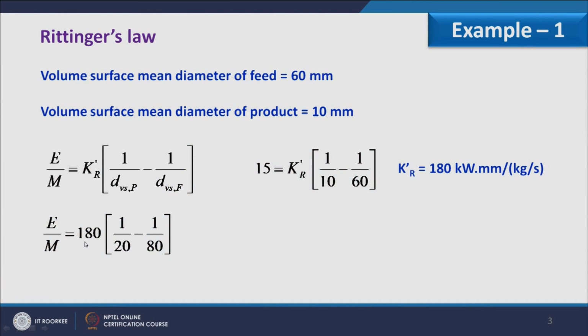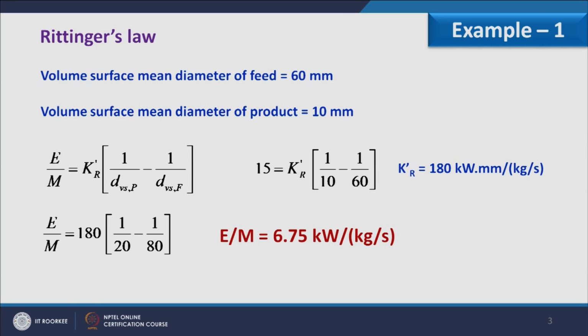So, considering the value of K r dash, dVSP and dVSF, we can calculate energy consumption per unit feed rate using Rittinger's law, which comes out as 6.75 kilowatt per kg per second.